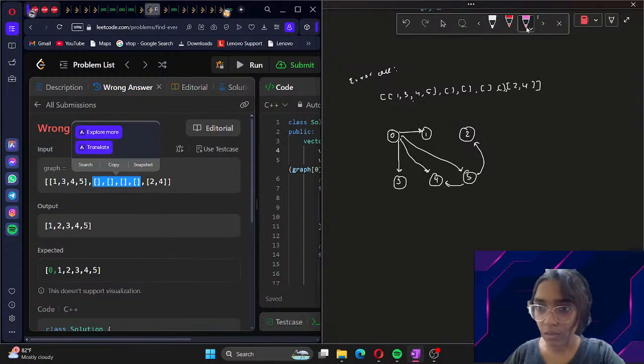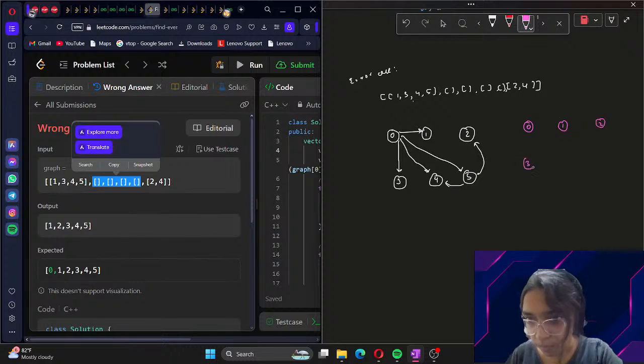So if we reverse this, it's going to be 0, 1, 2, 3, 4, 5.